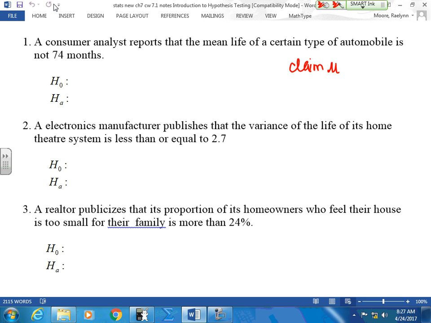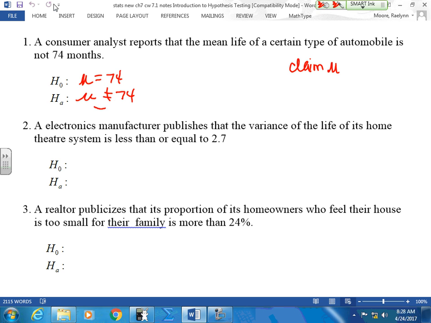All right, what's your HO? Mu equals 74. That's the HO, because it has an equal sign. So what's its complement? Does not equal 74, because this has no equal sign. So his claim is which one of these?